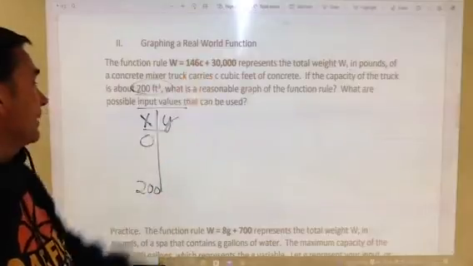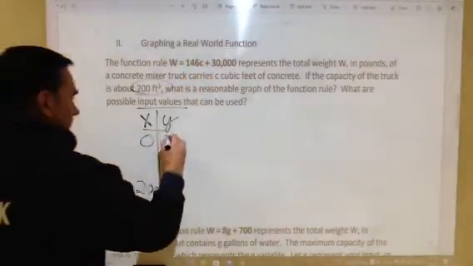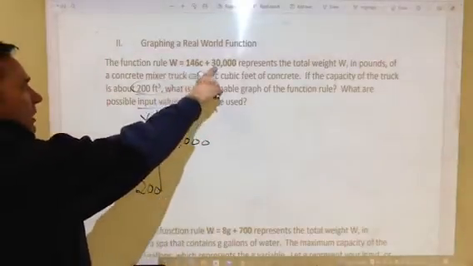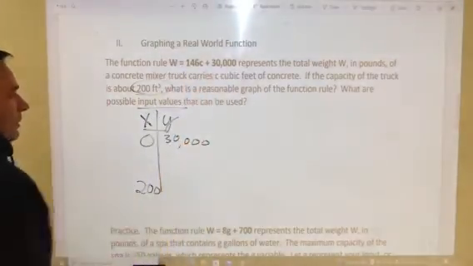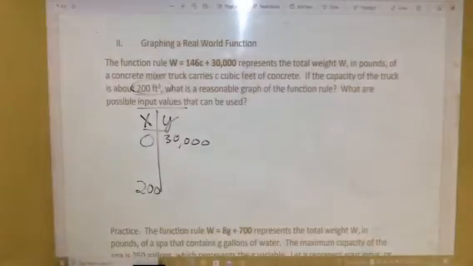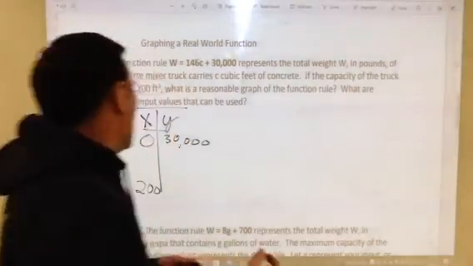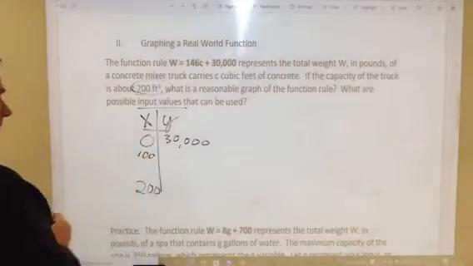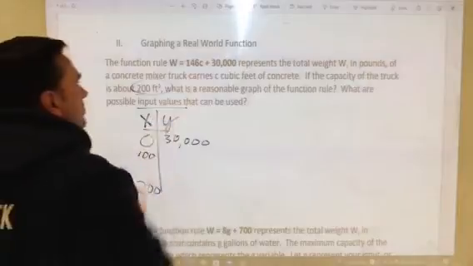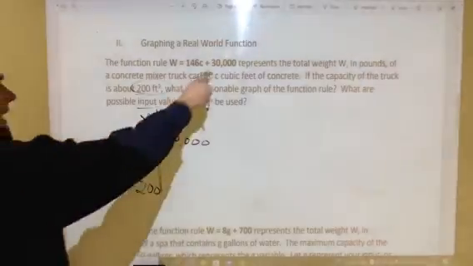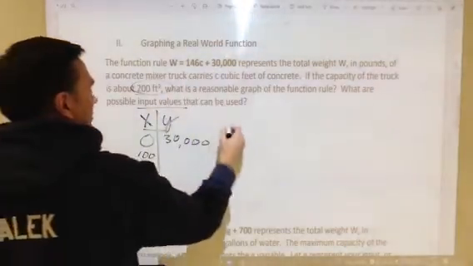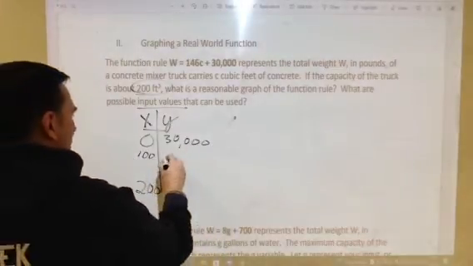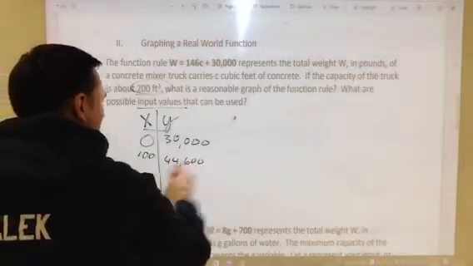That's our input. So when we put this in, it says when our truck is empty, 146 times 0 plus 30,000 pounds. So our truck weighs 30,000 pounds. If we want to know how much weight there is if there's, say, 100 in our truck, we would go 146 times 100 and then add it to the 30,000, which would be 44,600.